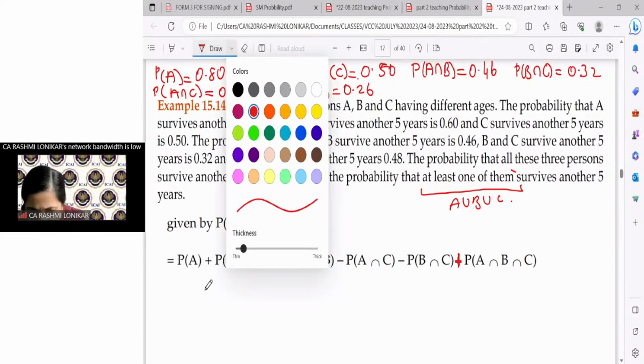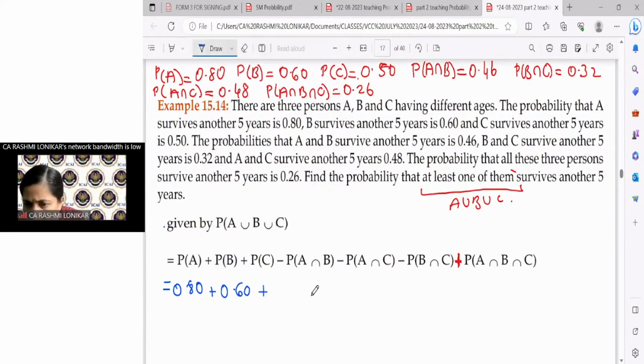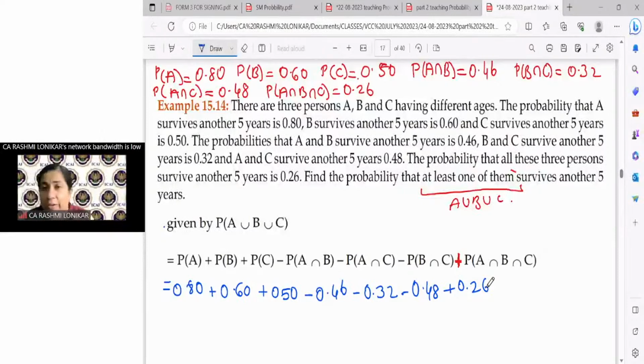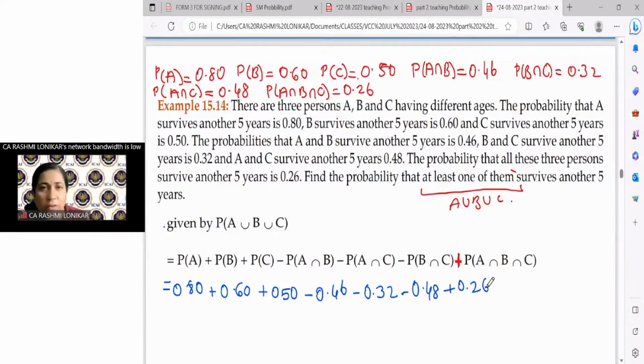This is 0.80 plus 0.60 plus C is 0.50 minus 0.46 minus 0.32 minus 0.48 plus 0.26. Okay, if you write it down systematically over here, when there are a lot of numbers, just put them in one line so that it becomes easier for you to use.